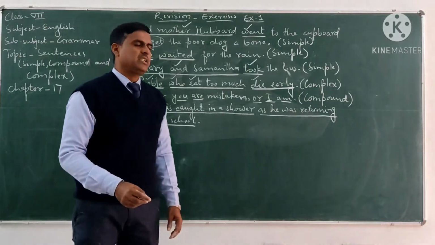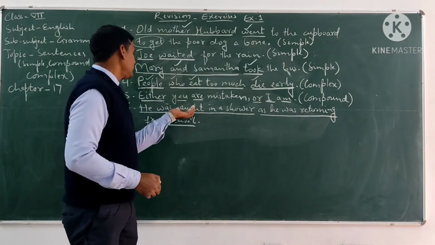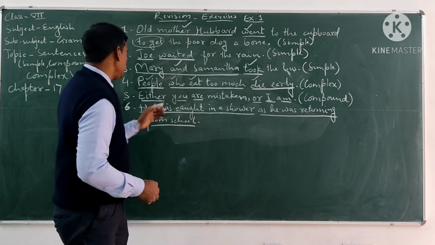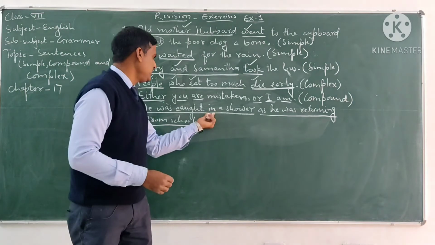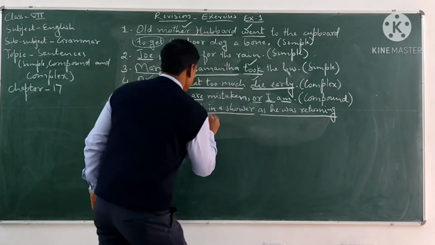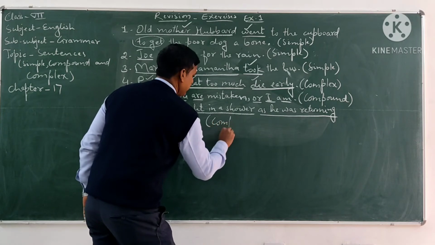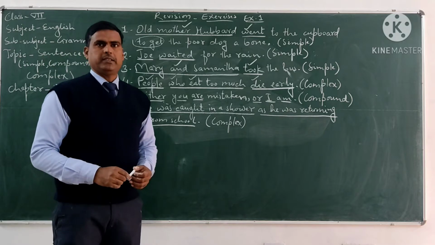If we say as he was returning from school, the meaning is not clear. It is dependent on the first clause. The first clause, he was caught in a shower, is the principal clause. This is the subordinate clause. It means the sentence is a complex sentence.